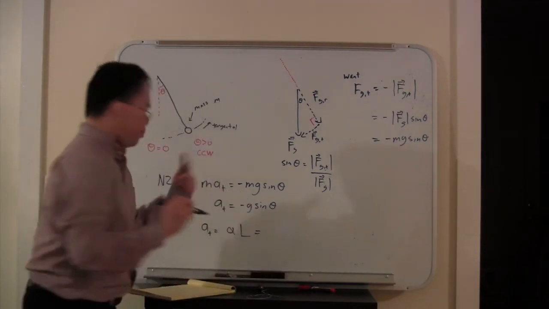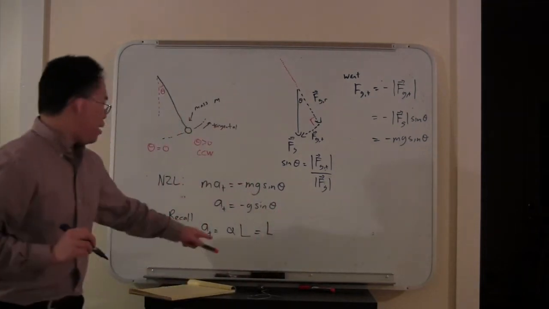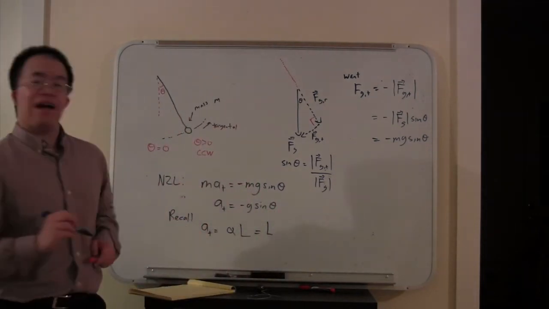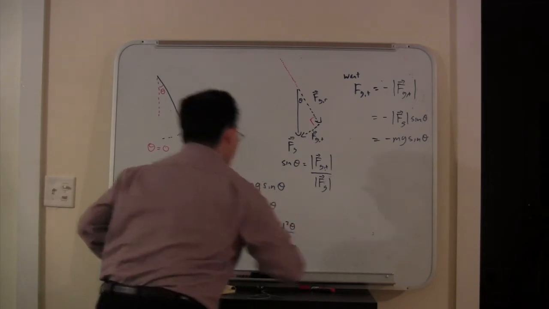So we can write a tangential as L times d squared theta over dt squared.